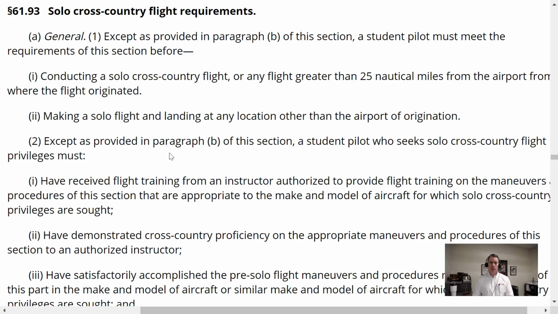So today we're going to break this video up into basically 4 to 5 parts. The first part is going to be talking about just the limitations on the solo cross-country flight requirements, which is paragraph A. So we're going to talk about paragraphs A, B, C, D, and then one other letter for the remainder of the reg, because, like the predecessor, 61.87, which is how to solo someone, this is kind of the same way, except it's how to do solo cross-country.